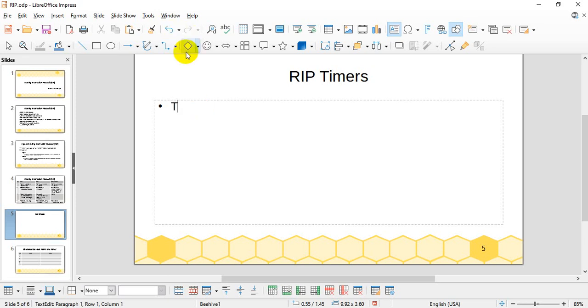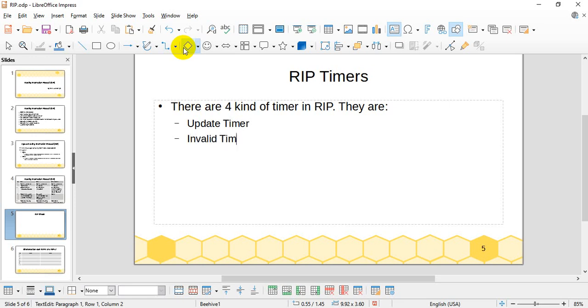There are 4 kinds of timer in RIP. They are the update timer, invalid timer, hold down timer, and flush timer.